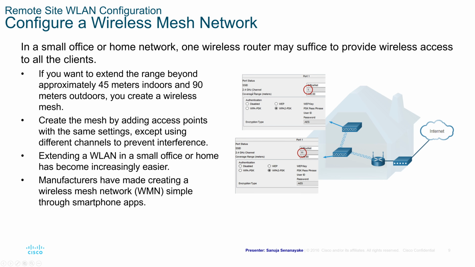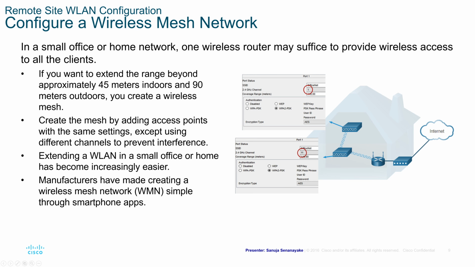In this example, they are using channel 1 in this access point and channel 11 in this access point, so there won't be any overlaps. The reason we are doing this is that this will still create an interconnected mesh network, but prevent interference between different APs.